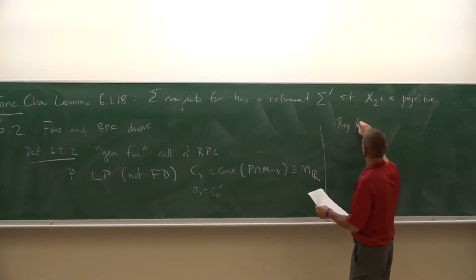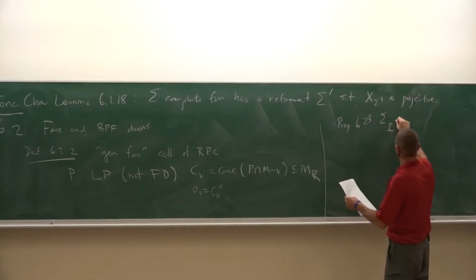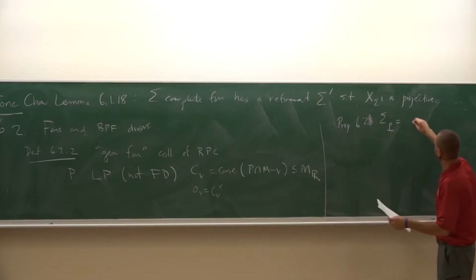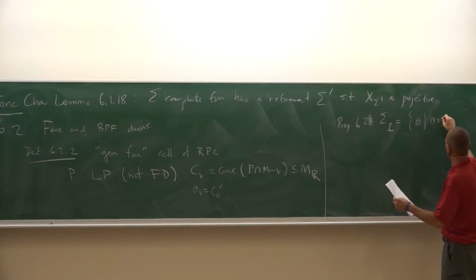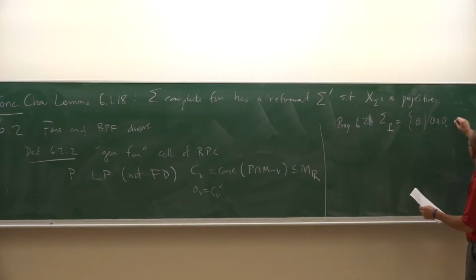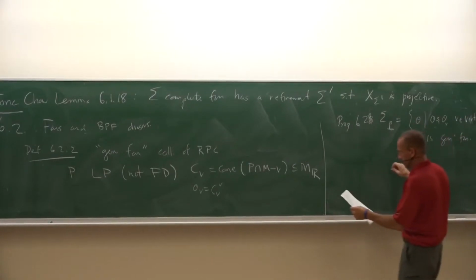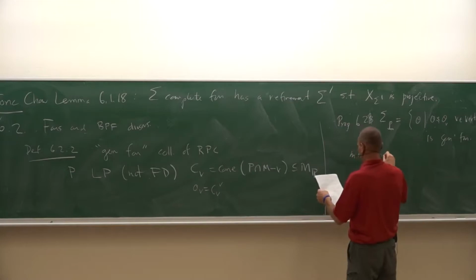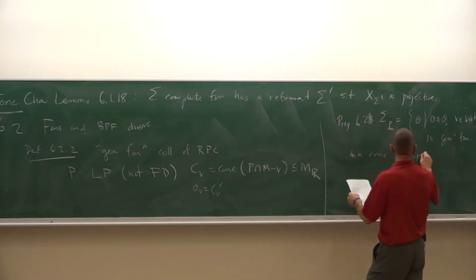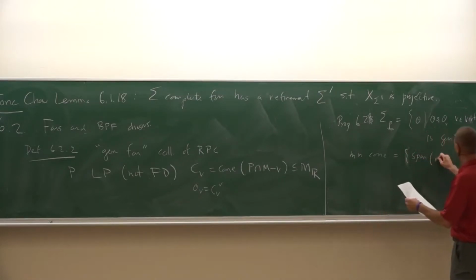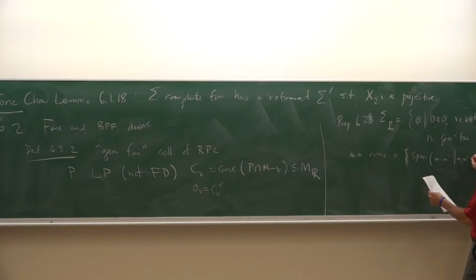Then we get a proposition. And I'm going to do an example in 1 second. So sigma sub P is the set of cones sitting inside a vertex cone, the element vert P, is a generalized fan, and with minimal cones are the span of M minus M prime, element of P intersect M. And we dualize that.